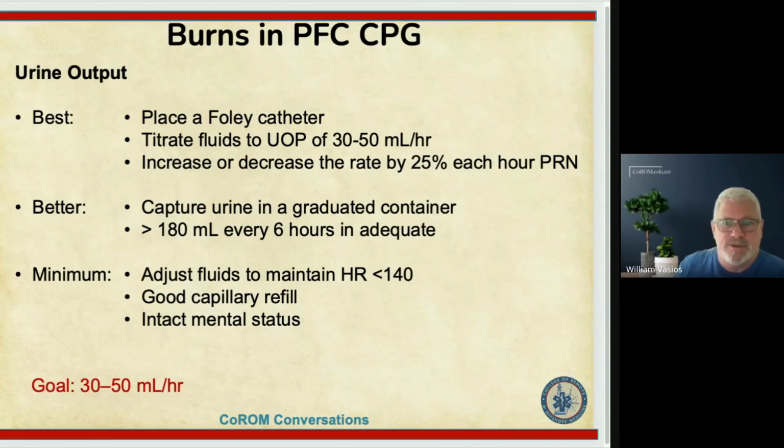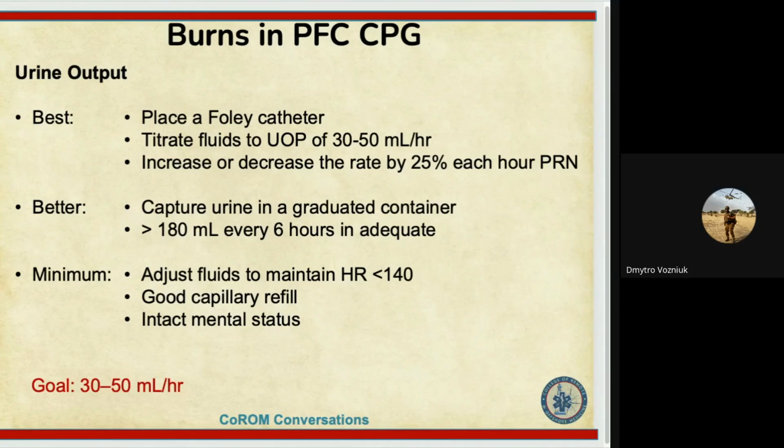Rhod? Yeah, Dimitro. I got a question regarding the urine output goal. For me personally, that is the main indicator of resuscitation adequacy. In different resources, as you mentioned, that 30 to 50 milliliter per hour is our goal. But for some patients, it's not enough, and some patients are overloaded. In some resources, we can find that the goal is 1 milliliter per kilogram per hour, and I found that most of my patients getting that amount of fluids are overloaded.